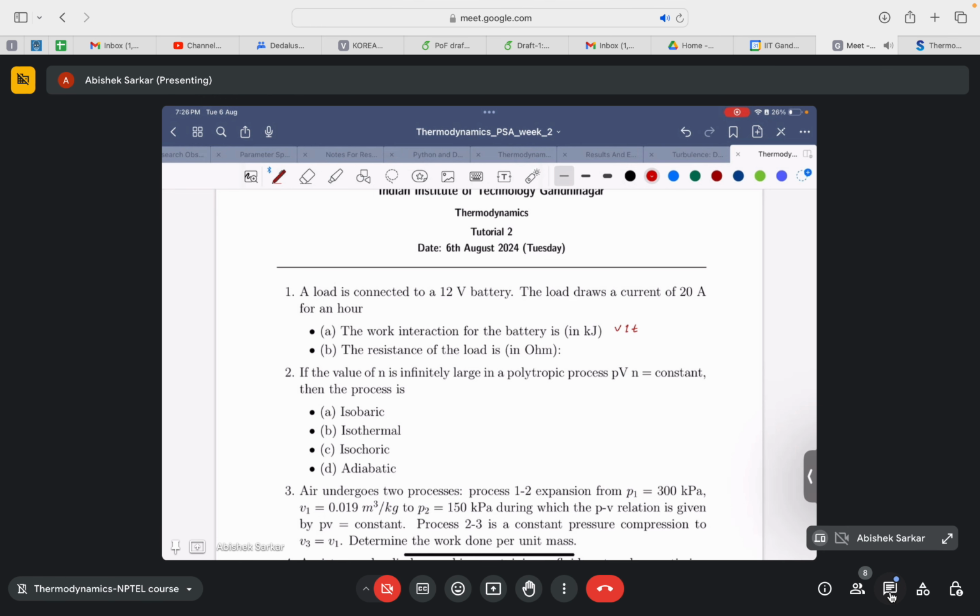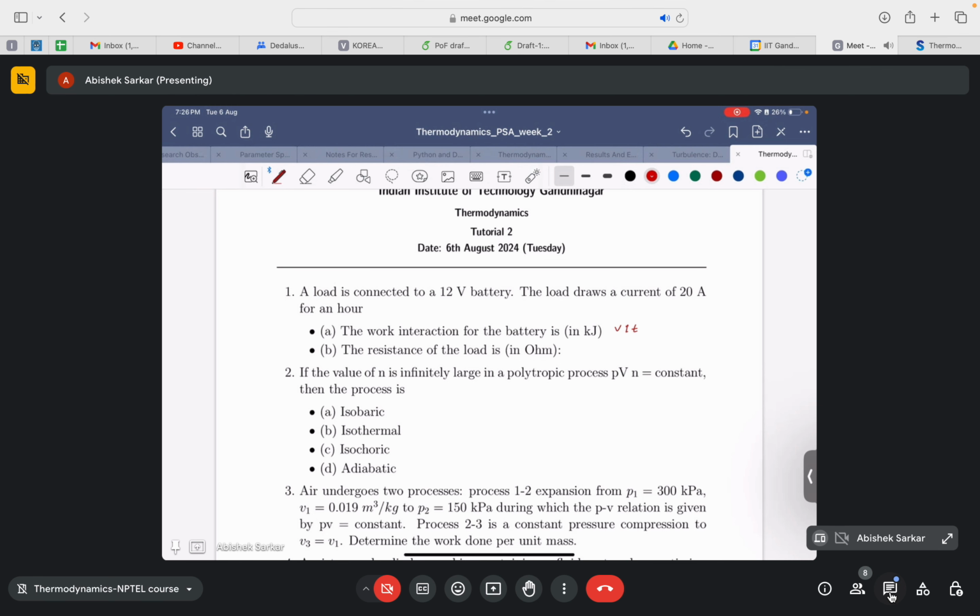Work interaction for the battery. No, V is equal to I into R, right? Just do the calculation and tell me the numerical value. Just want formula is correct.